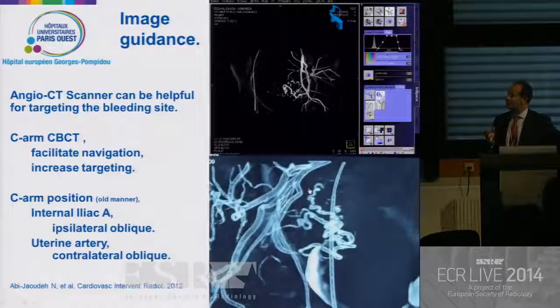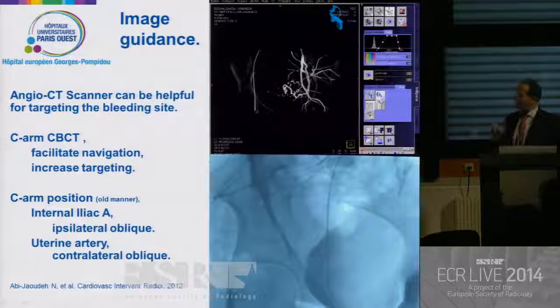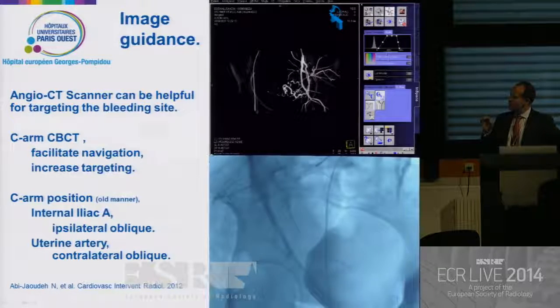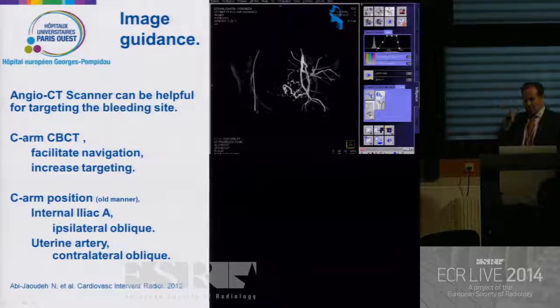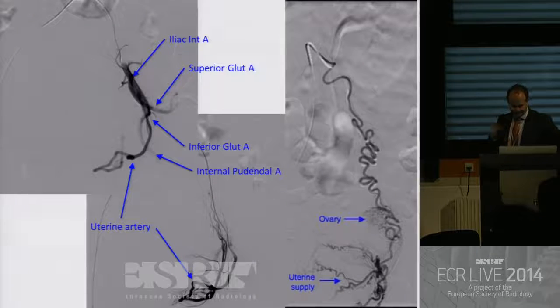If you don't have CBCT technology, as shown on those two videos, you just have to keep in mind that to reach the artery, for the internal iliac artery catheterization, this is the ipsilateral oblique, and for the uterine artery, it is the contralateral oblique. Just keep in mind that women do everything in the reverse position than a man.